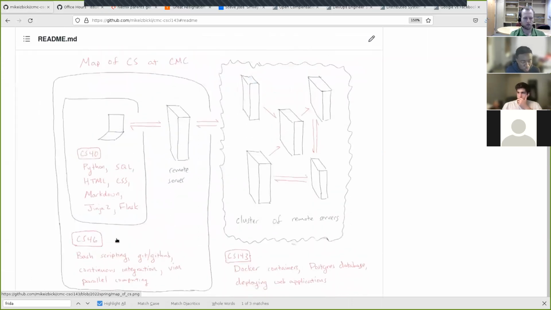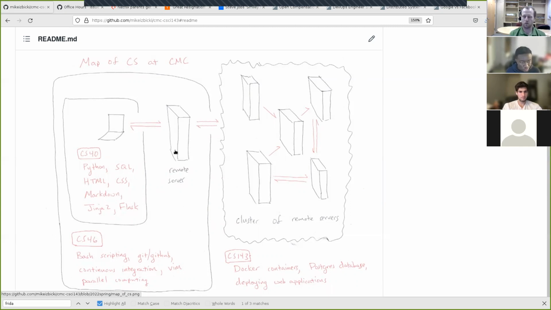There are 3 core courses of computer science at Claremont McKenna. CS40 and CS46 are the 2 introductory programming courses that are the prereqs for this course, CS143. The way I think of CS40 is learning to program on a single computer, and CS46 is learning to use your computer to control one remote server efficiently.